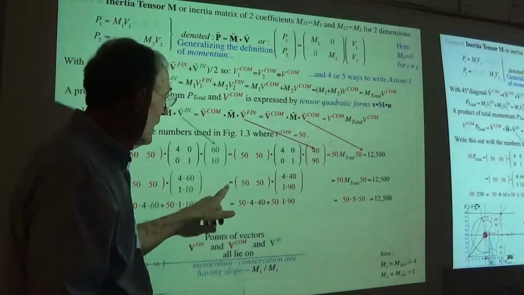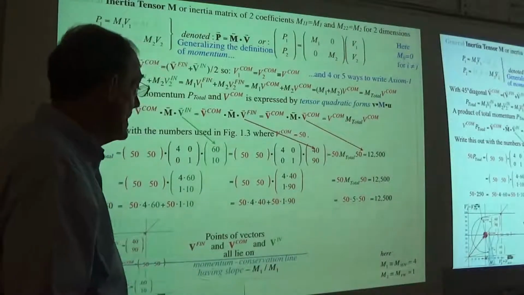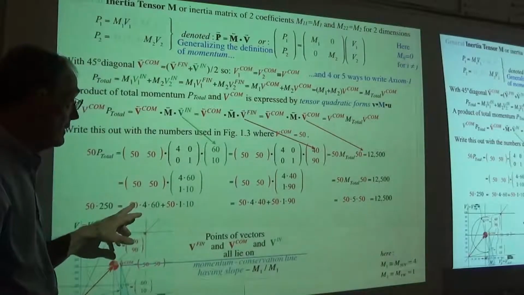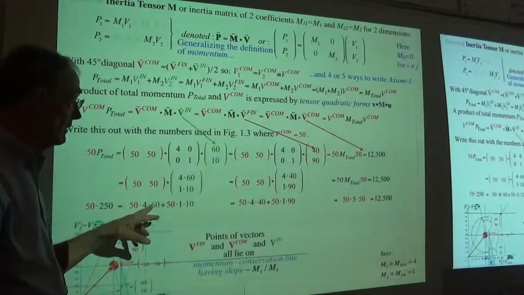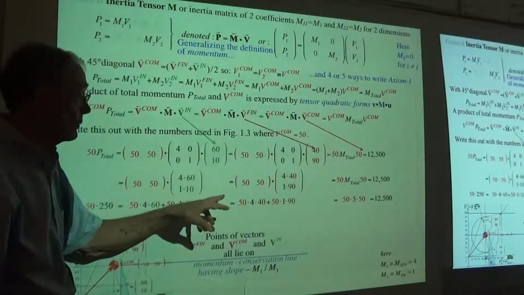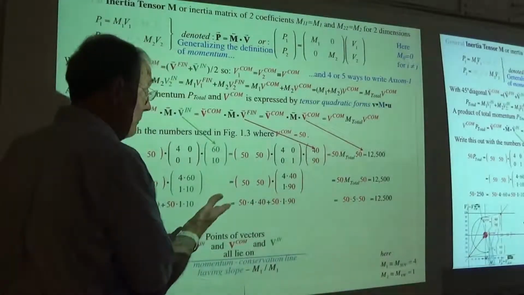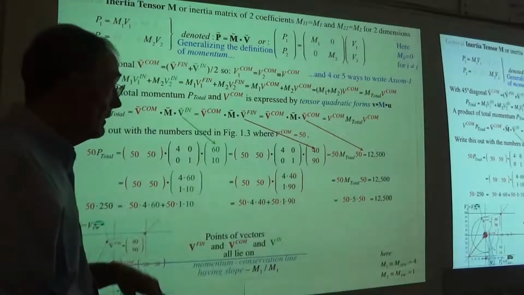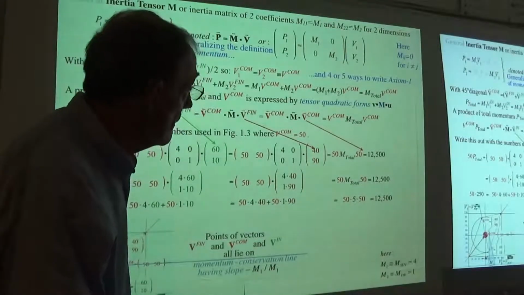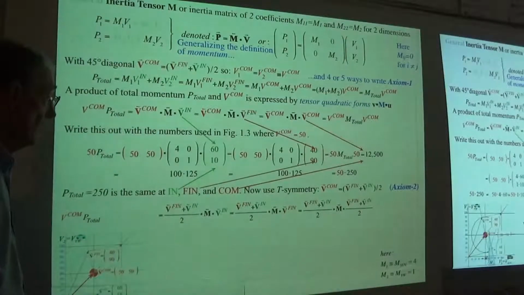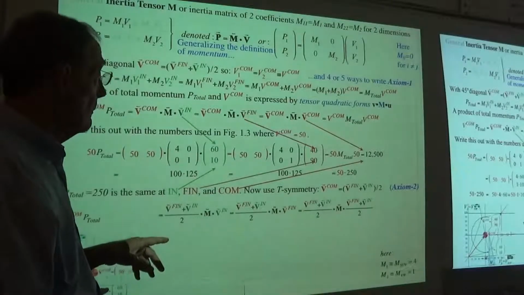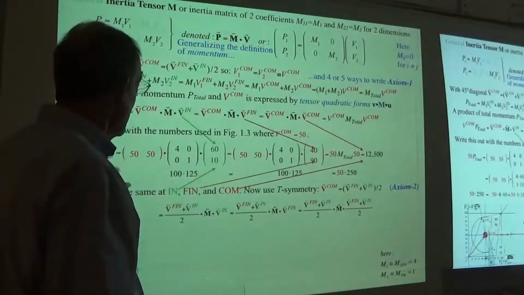This guy comes down to that, this guy comes down to that. So we get here 50 times 240 and 50 times 10 added up. This one right here. These had better be equal. These all better equal 12,500, and indeed they do. Okay, so that's what we're talking about as far as the action units.